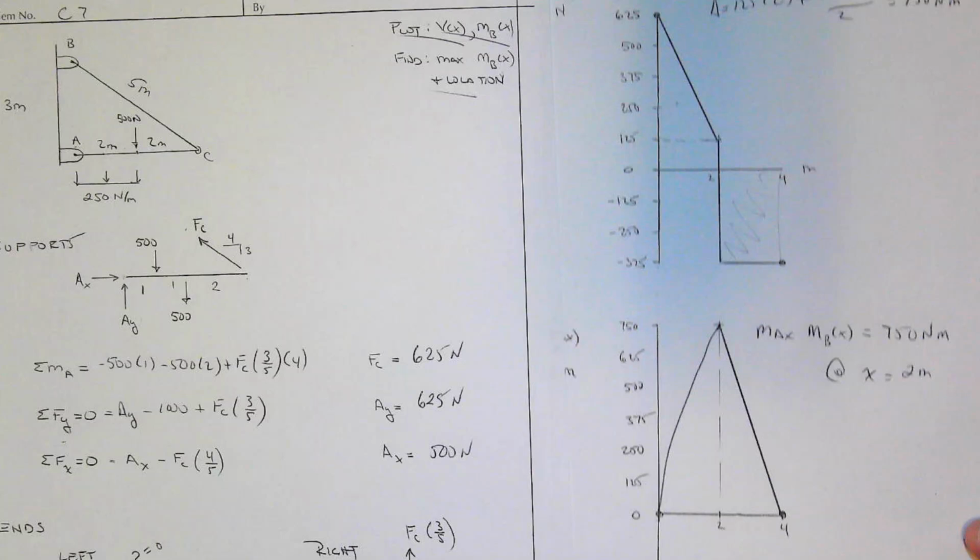Done it. Plot the bending moment as a function of x. Find the maximum. So max MB, x equals 750 Newton meters at x equals 2 meters. And there we go. All done.